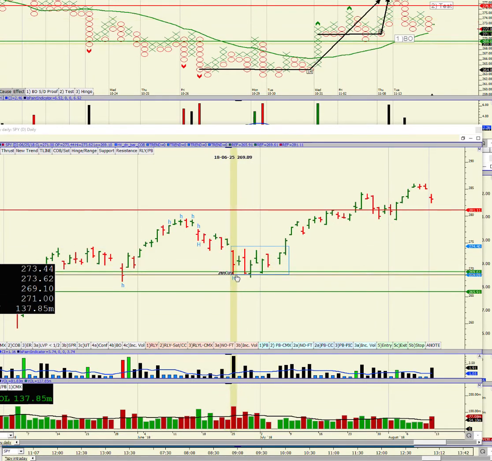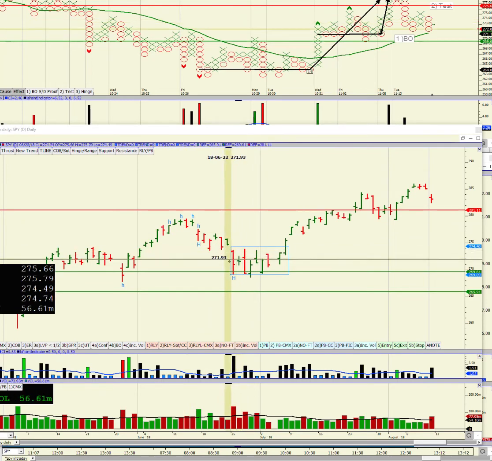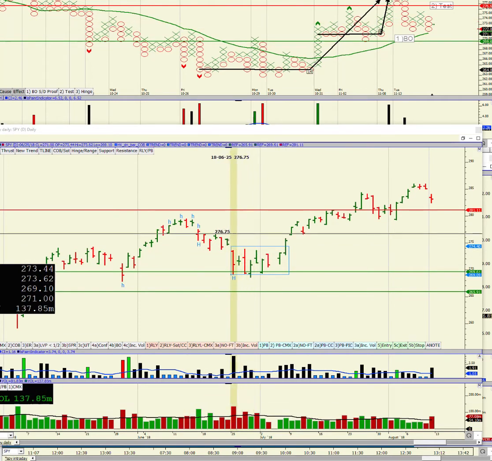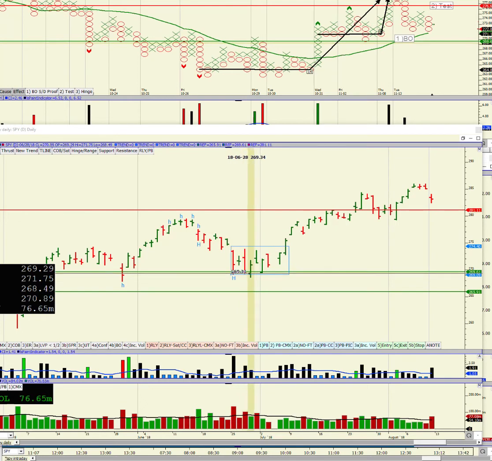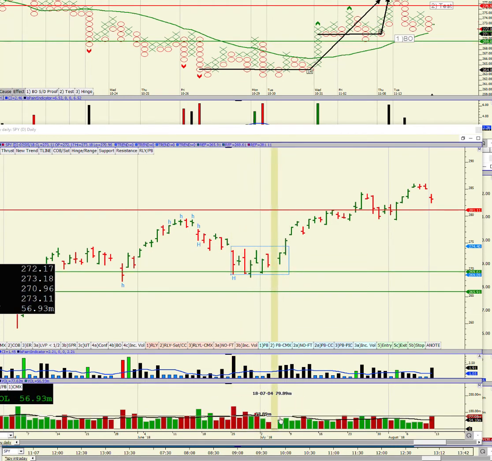They put it in a strong technical position, because the public is out. There's this transfer into strong hands. It starts moving sideways, tightens, and you see that the volume dissipates.